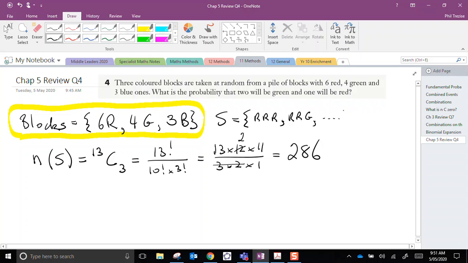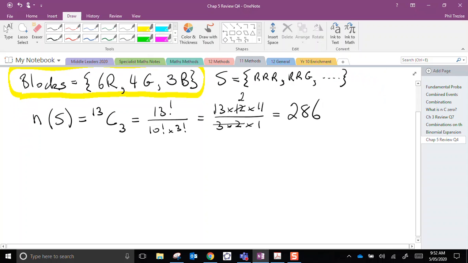If I wrote down every possible grouping of 3 blocks, that's my sample space, and there would be 286 things in that list. I could use a tree diagram to figure them out. It would be a horrendous tree diagram. I'm not even going to attempt to draw that. This is why we have the idea of combinations, so we can get the answer accurately and quickly.